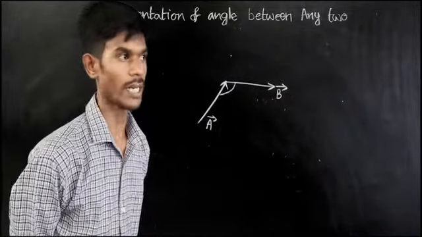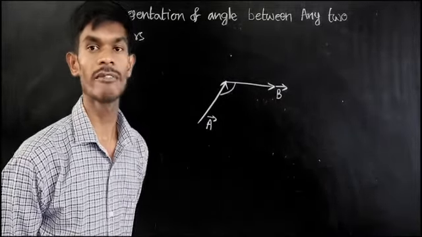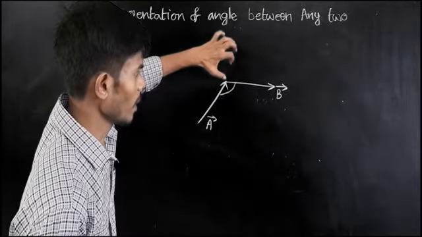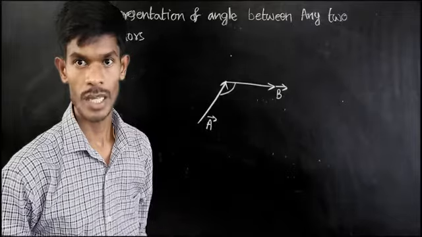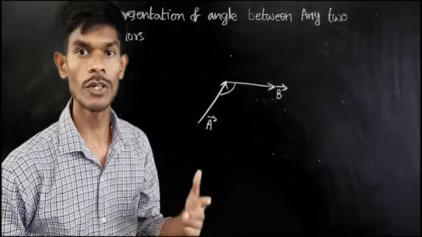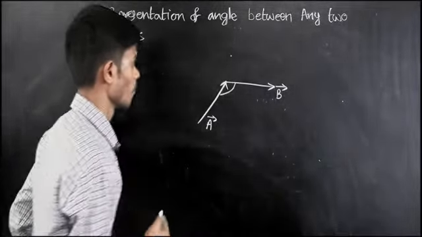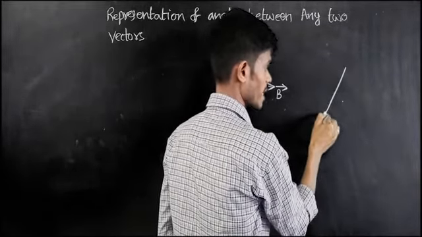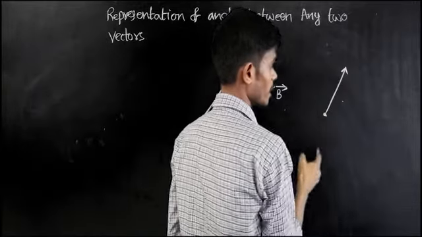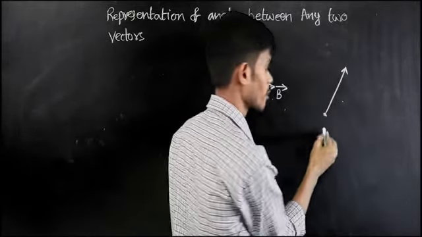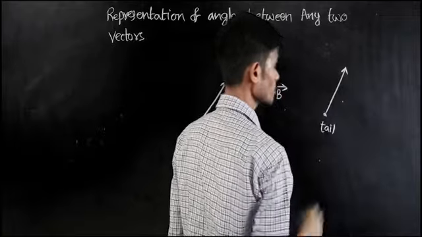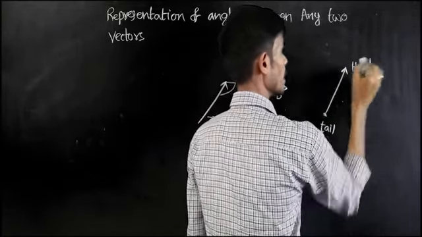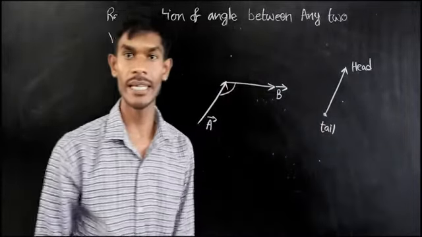To represent the angle between any two vectors, there is a condition that the tails should coincide. The two vectors' tails should coincide. While we discussed the representation of a vector, I told you that the initial point is called the tail and the terminal point is called the head, the head of the vector and the tail of the vector.